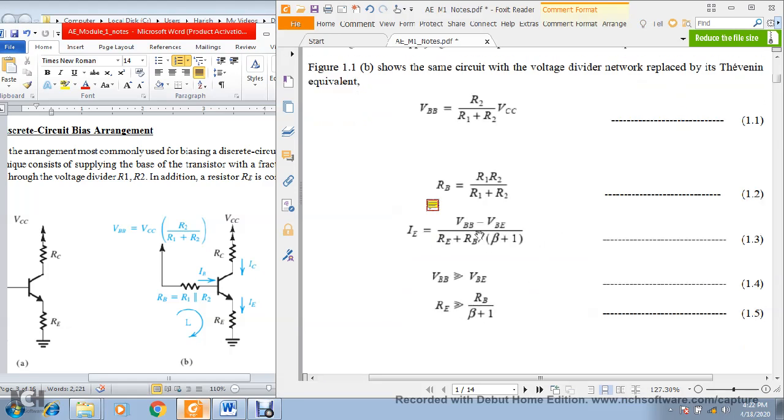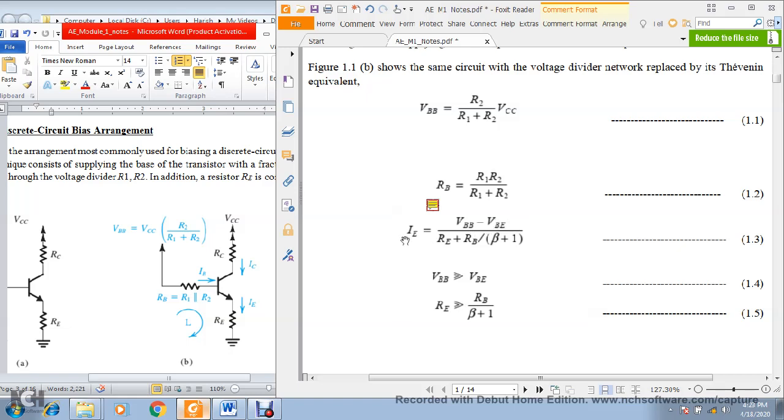And you can see here, in the numerator VBB minus VBE, IE is directly proportional to VBB and VBE. IE is less affected by VBE unless VBB is very much greater compared to VBE.